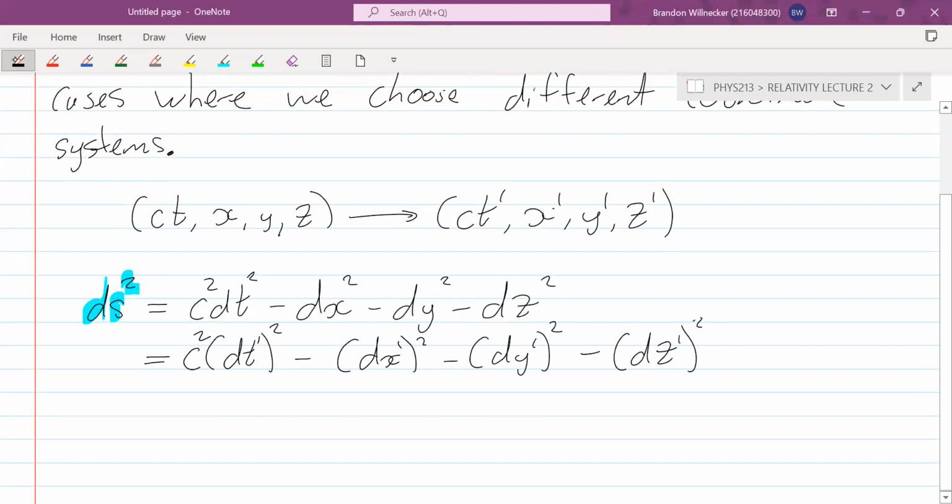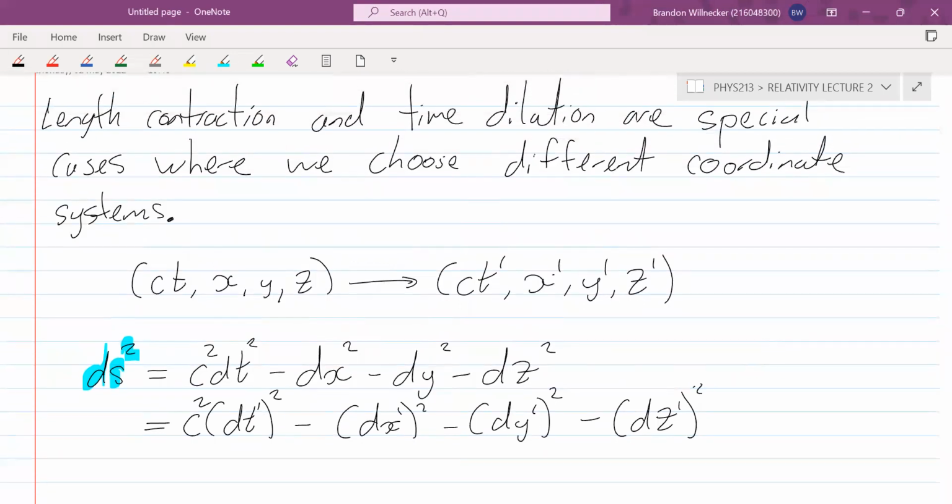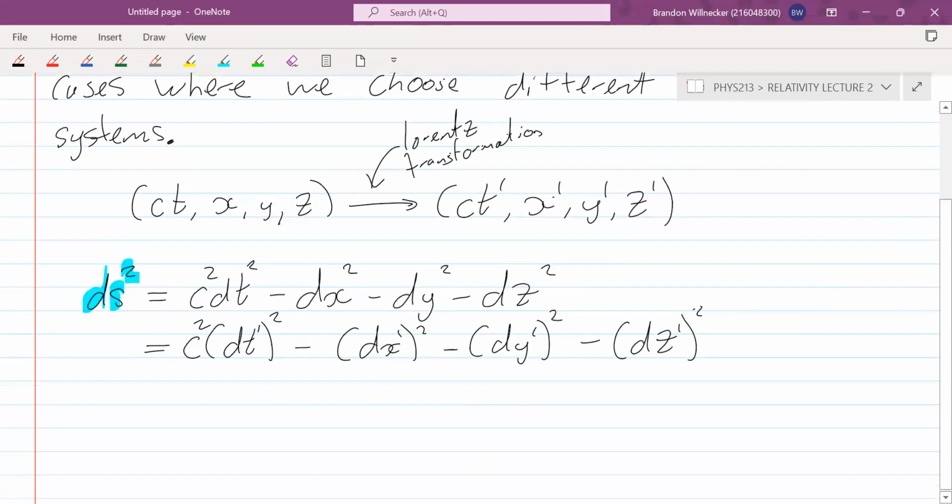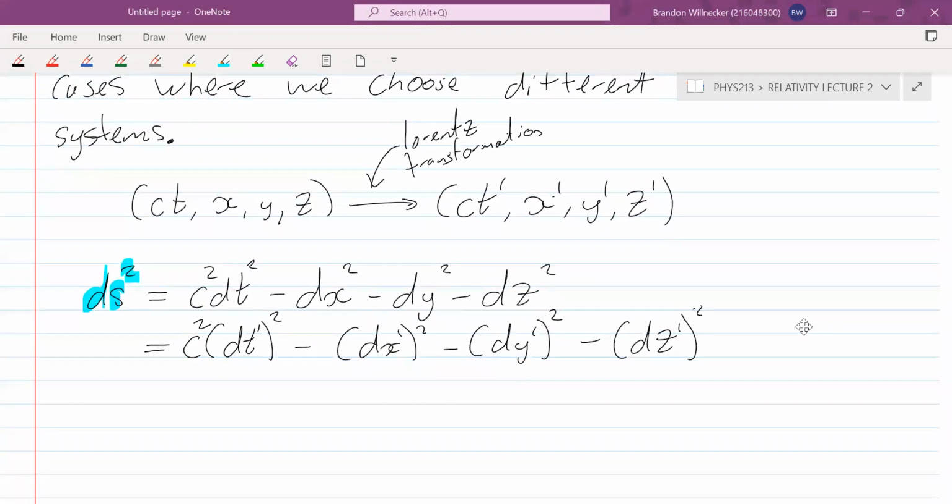Now, we're going to be looking at these transformations between the two, the so-called Lorentz transformations. Just a coordinate transformation. Now before we get on to that, since we are treating time and space as almost equals, of course, the metric still picks out time as something special.